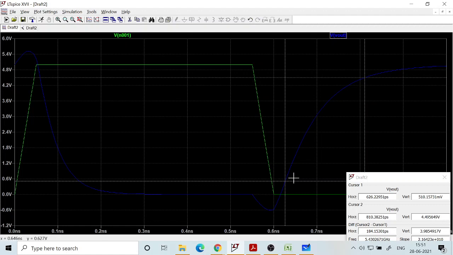So you can see that now the difference between x-axis is 184 pico. Earlier it was 130, now it has gone to 184.